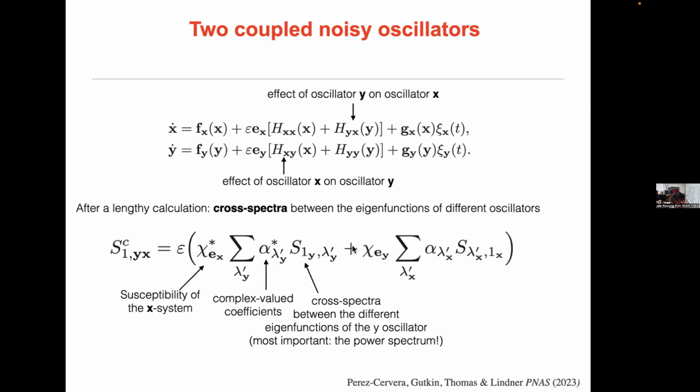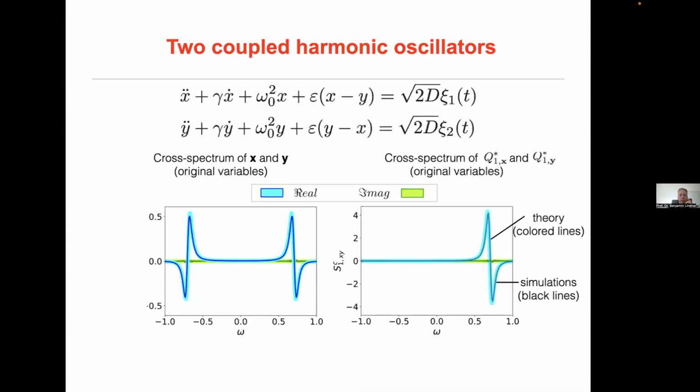And then you have a second term where the roles of the two oscillators switch. So you have the susceptibility of the Y oscillator and you have the cross spectra between the different Q modes in the X oscillator and so on. This can be tested, for instance, for two coupled harmonic oscillators. Here you can also compare to the cross spectrum between X and Y anyway.